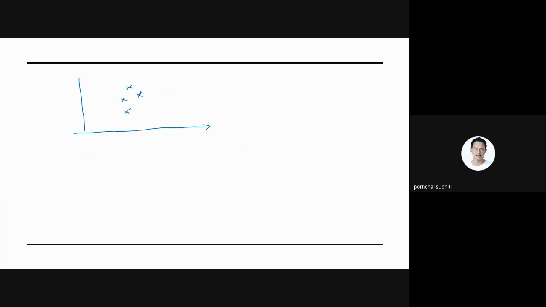If these points itself is support vector of one class, let's say it's class 0.